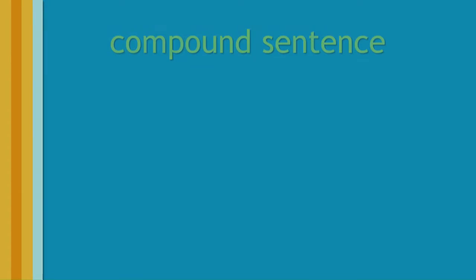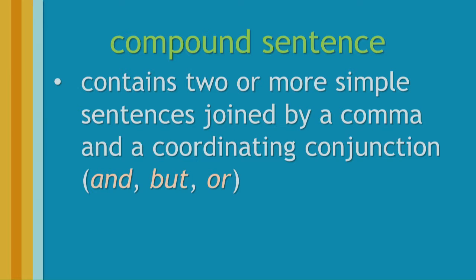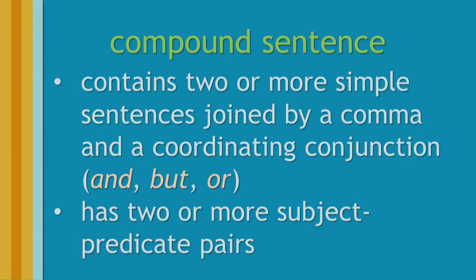Now, there are simple sentences, but there are also compound sentences. And let's look at that definition. A compound sentence contains two or more simple sentences joined by a comma and a coordinating conjunction such as and, but, or. And it has two or more subject-predicate pairs.